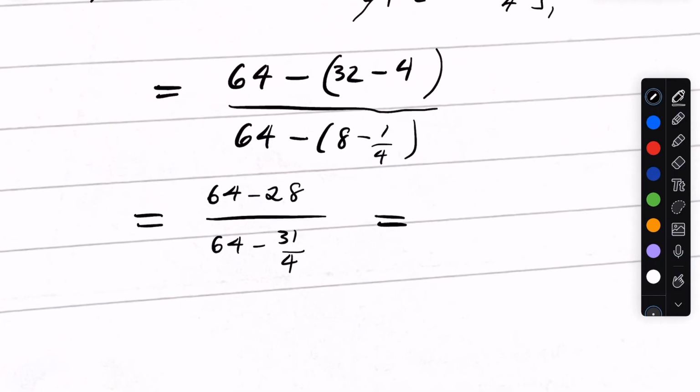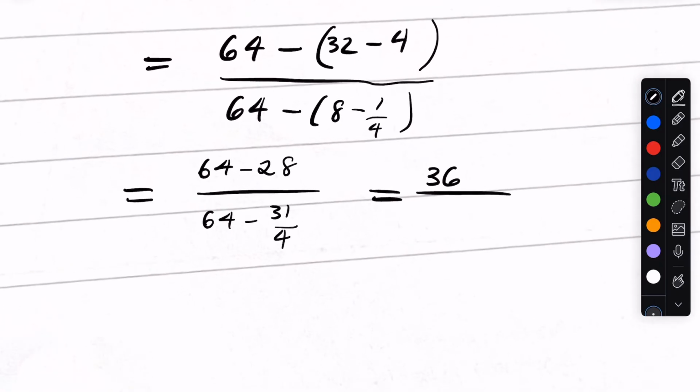Now the numerator is 36, and the denominator is 64 times 4 minus 31 on 4. Now this is probably the first time I'm actually working out 64 times 4. 16, 256.